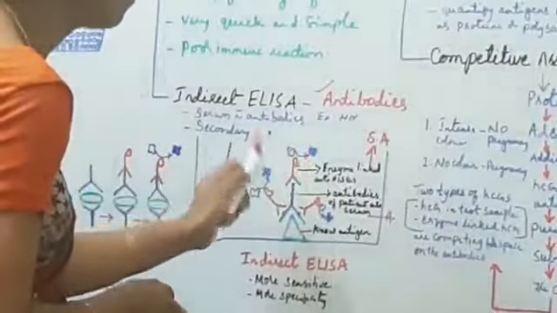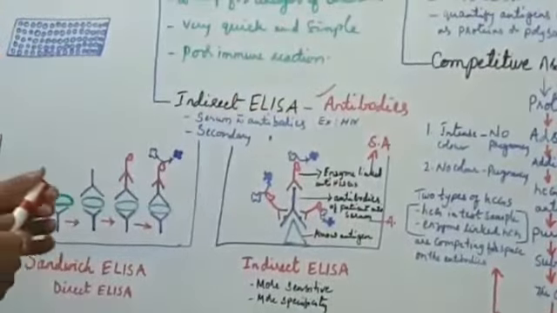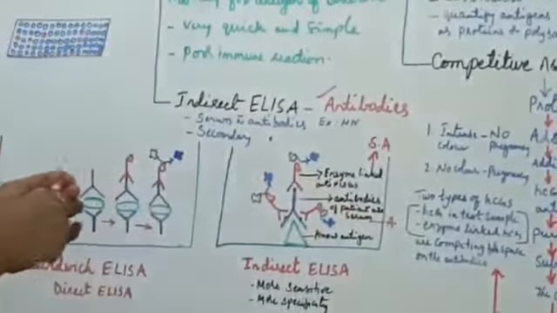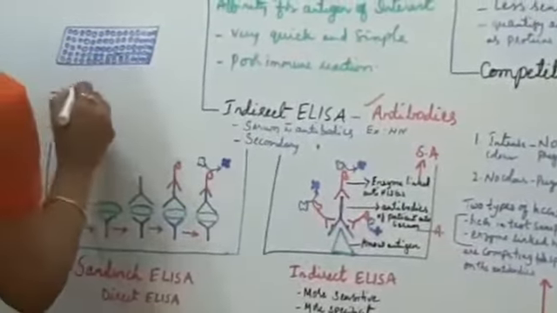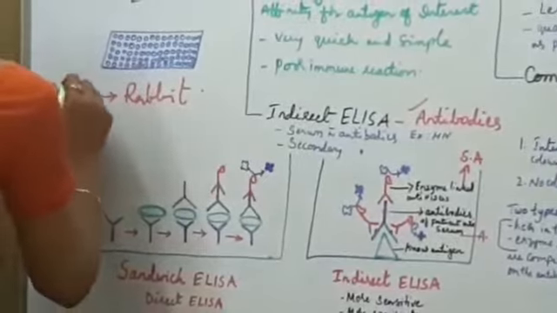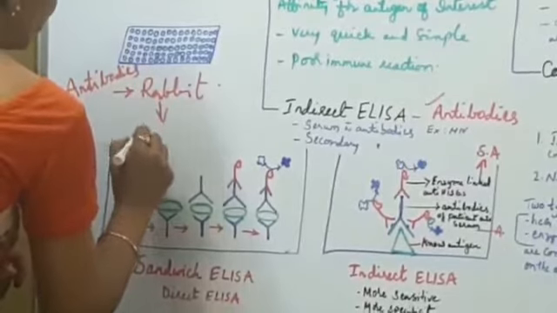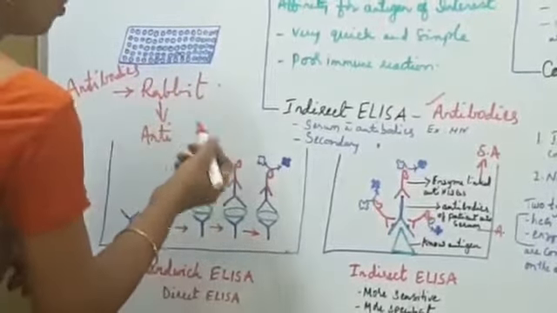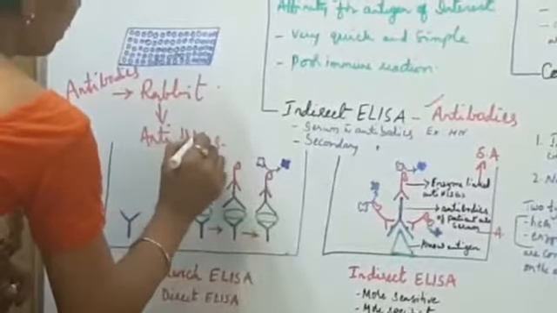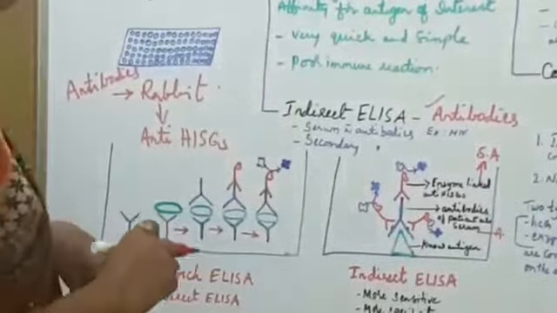How are these secondary antibodies prepared? Generally, if it is an HIV person, the serum is collected with the antibodies. These antibodies are given into testing organisms, for example, rabbit. In those organisms, these antibodies produce again antibodies, anti-human serum immunoglobulins are produced.